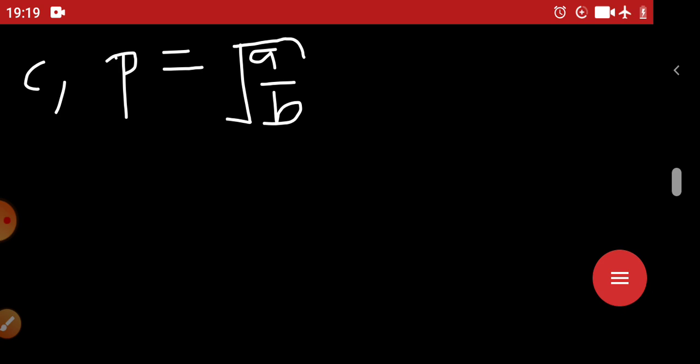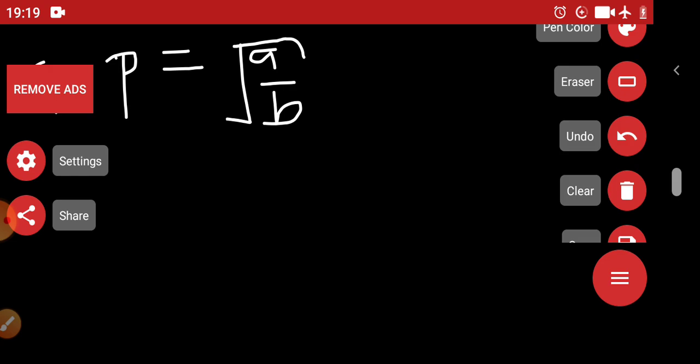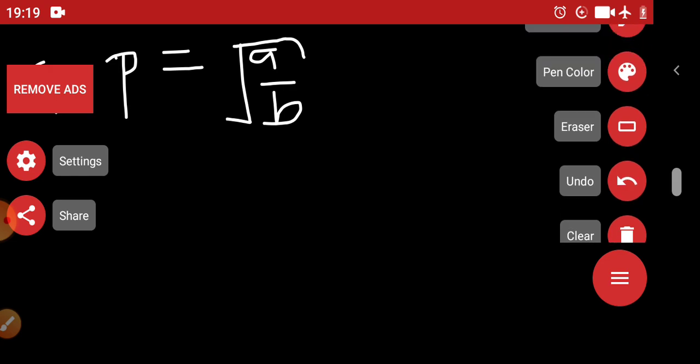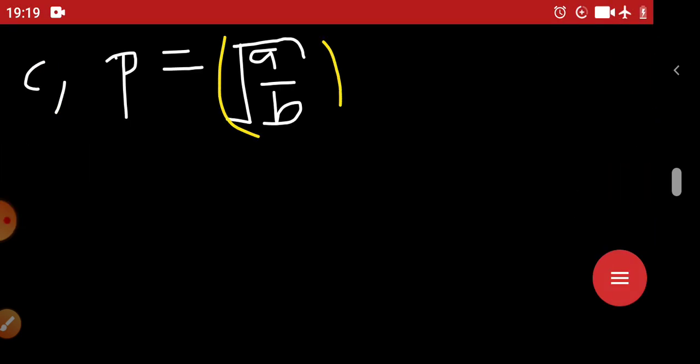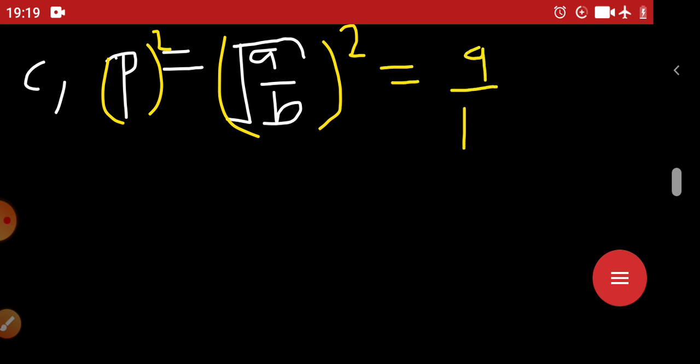Because here we're taking the square root of A divided by B, remember the opposite of square root is squaring. So we need to do this on both sides, making P also to the power 2. The 2 will cancel the square root, and we are left with A over B is equal to P squared.